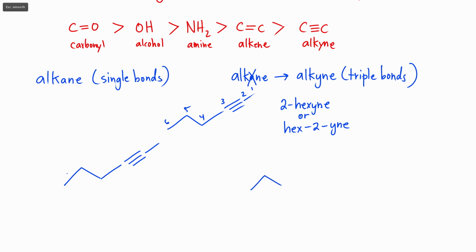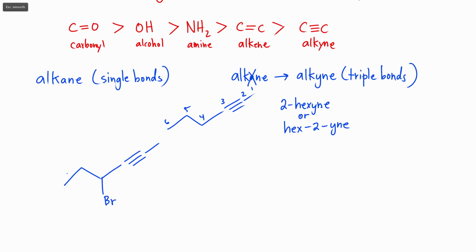If I did this, that would be wrong. That is incorrect. Your sp hybridized molecular orbitals, what forms a bond with those must be linear. Okay? Now, let me put a halogen there.